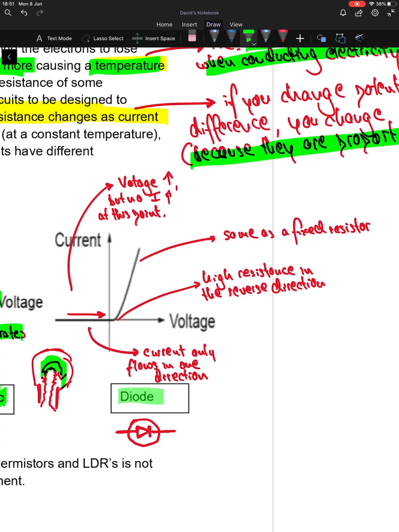And then finally, a diode only allows current to flow in one direction. So here on the graph, voltage is increasing, but the current is 0, because the current is flowing in the wrong direction.